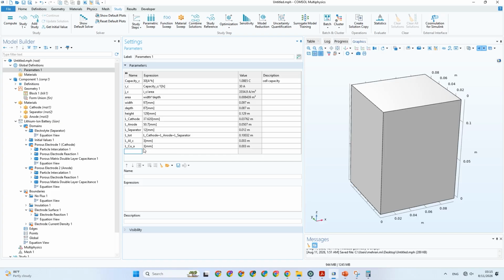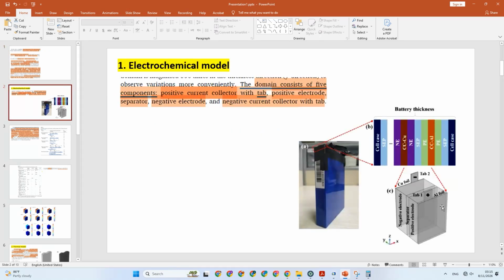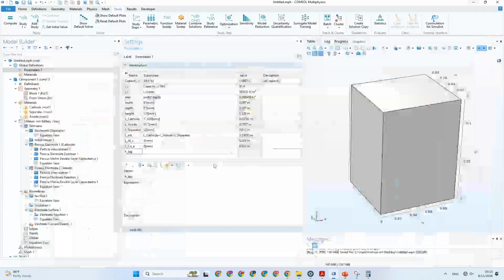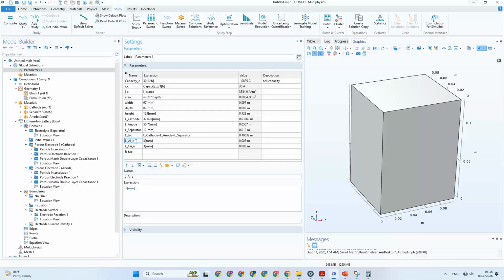And we can choose H tab. If I write, what is that? That was tab, excuse me. You can choose Cu foil, Al foil, okay. No, it is good.